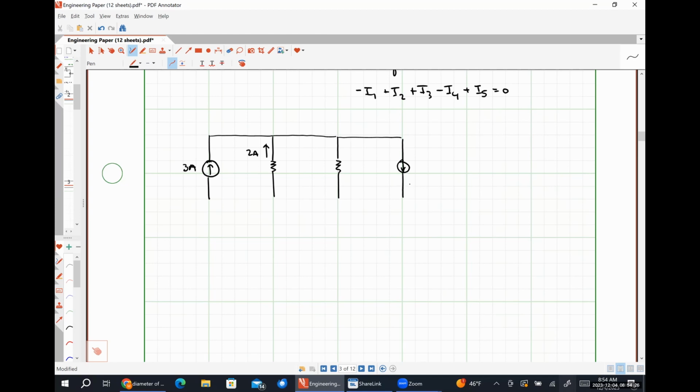Now we have a current source down. It's 8 amps. And we want to find this current flowing down through this unknown resistor, which I've called IX.